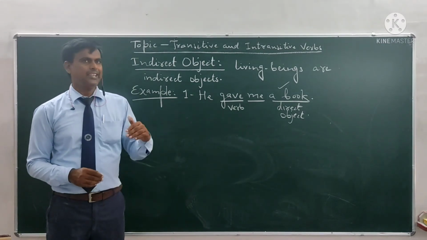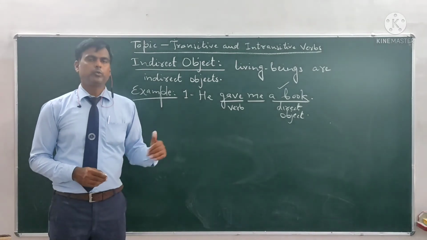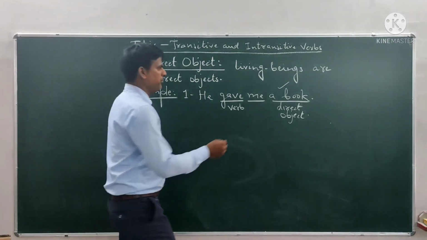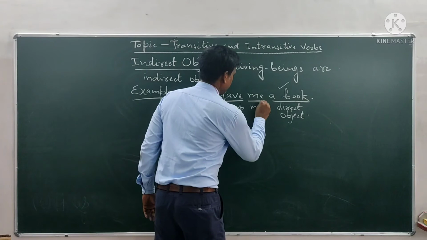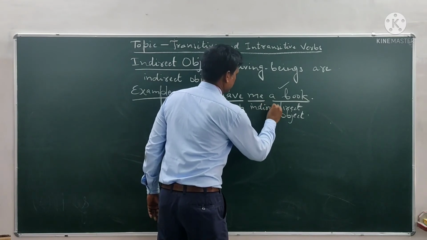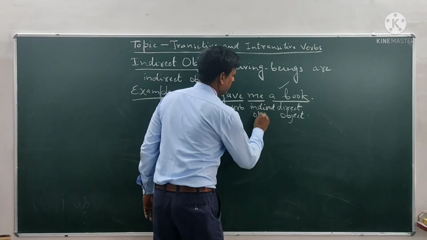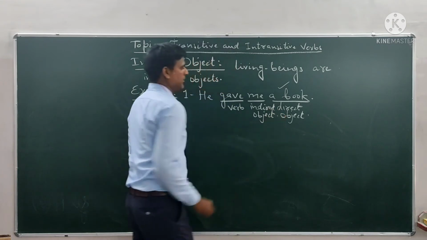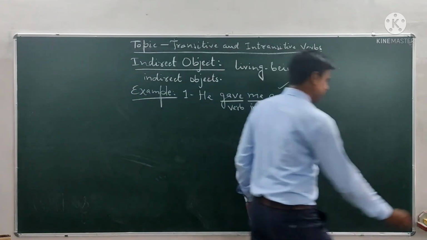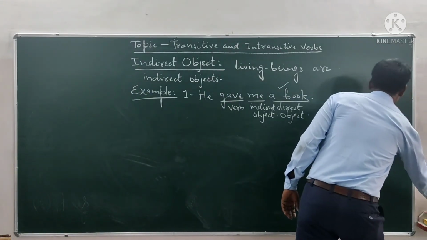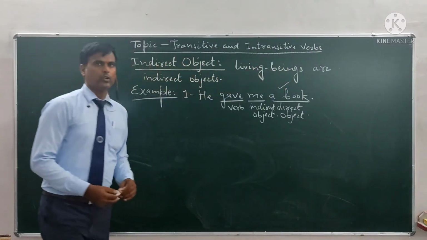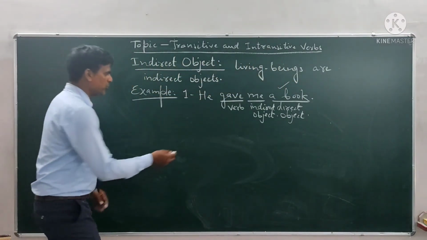Who did he give the book? The answer is me. So this is the indirect object. This is the difference between direct and indirect object. Okay? See one more example.